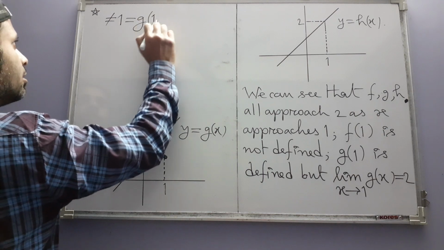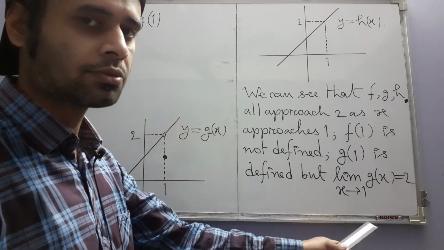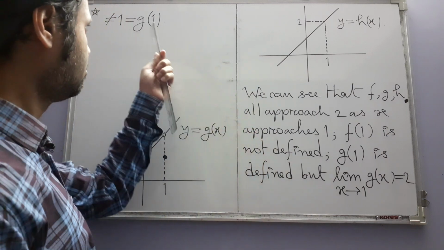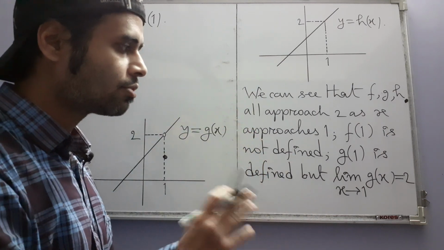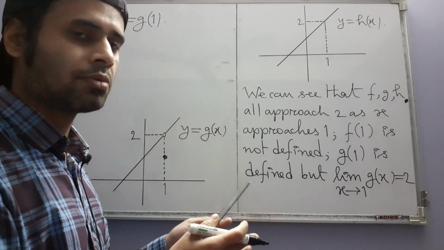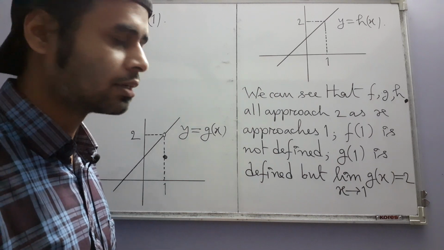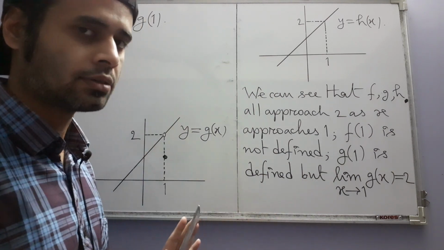So that means the limiting value of g at 1 is different from the value of g at 1. Okay, limiting value at 1 is one thing, and value of the function at that point 1 is an entirely different thing. In this case, the value at 1 is not there at all.